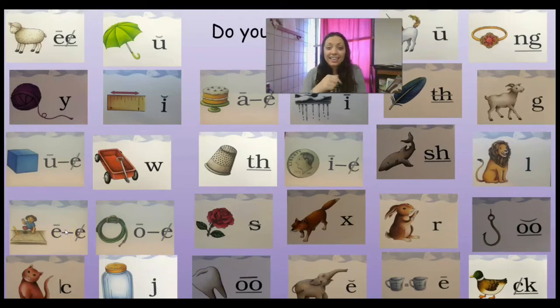Concrete, E consonant E, hose, O consonant E, rose, S, fox, X, rabbit, R, hook, digraph, very good.